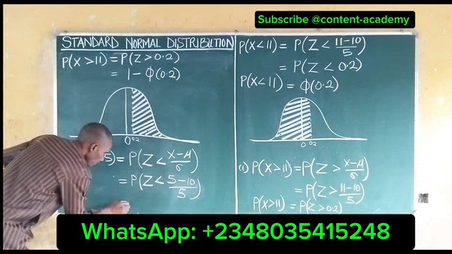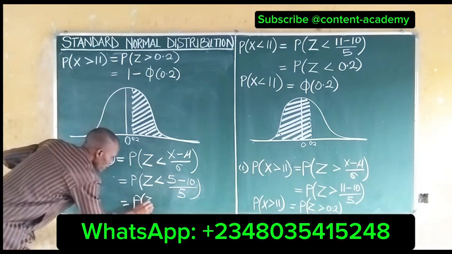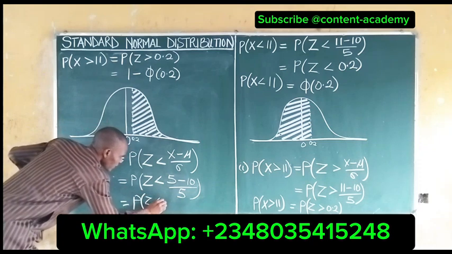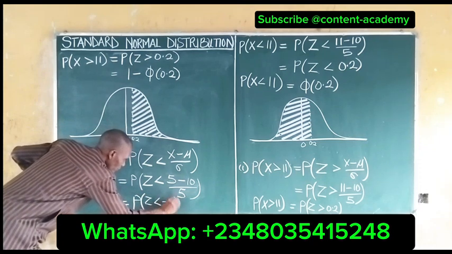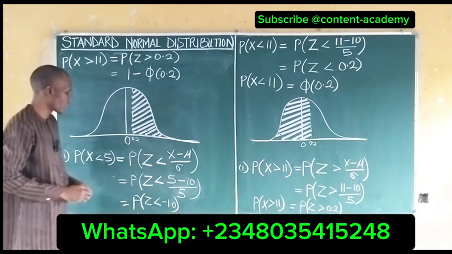So we have our probability for Z is less than negative 1.0.